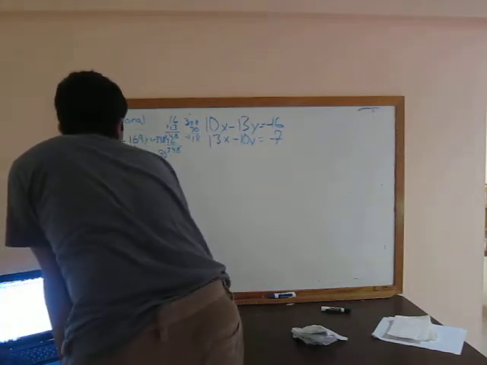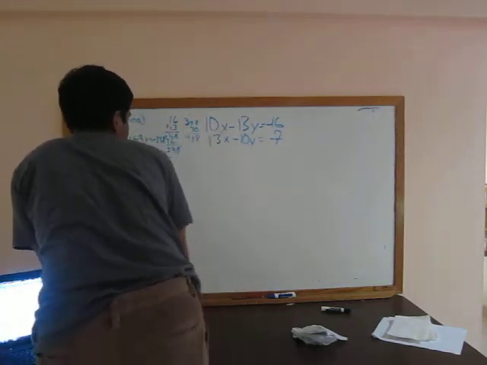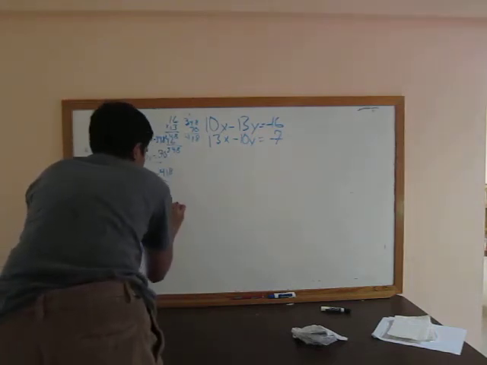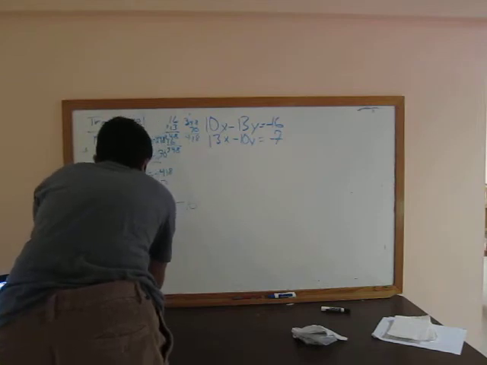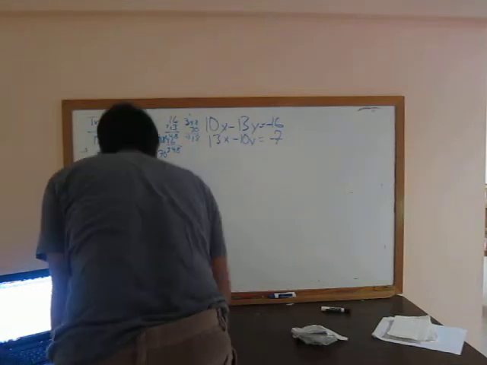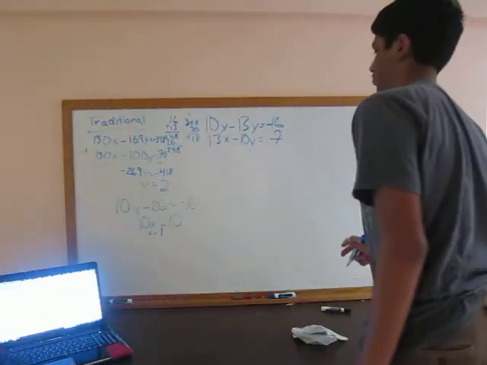And then I could just plug that in for y. 10x minus 26 is negative 16. So 10x equals 10. So x equals 1. So that's the traditional way to do this one.